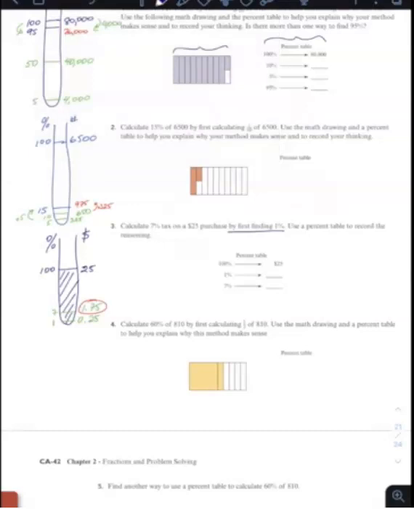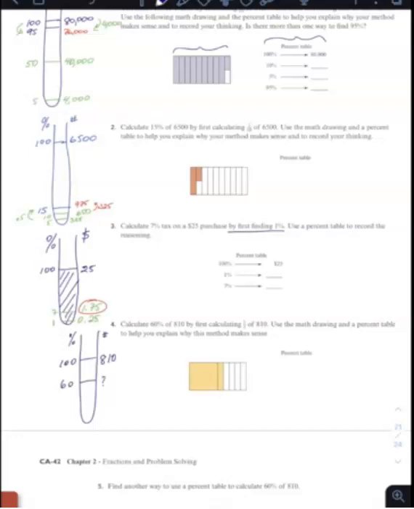I will set up number 4 for you, but ask you to do it yourself. So 60% of 810. So we have a percentage and a number. 810 is our 100%, and we want to know what 60% is.